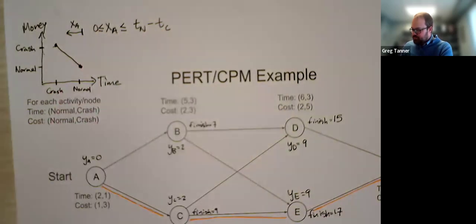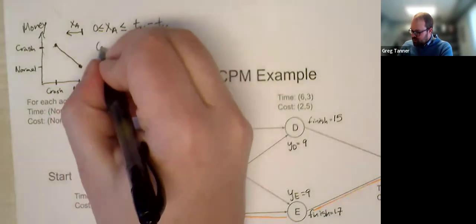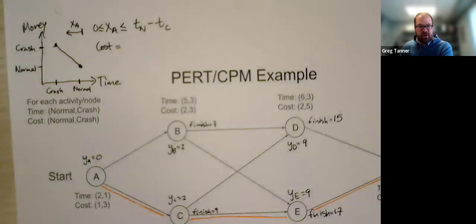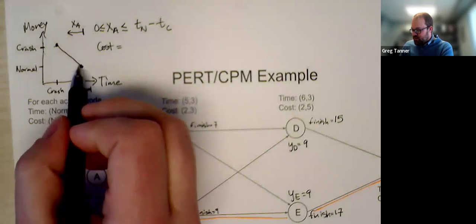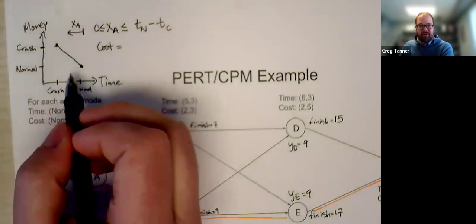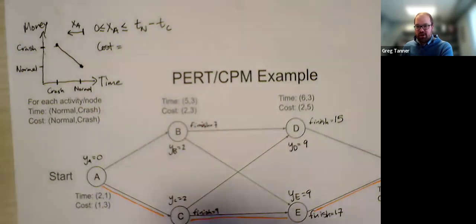And then the cost of that activity: we want to look at the slope of this line and figure out the marginal cost per unit that I'm crashing.